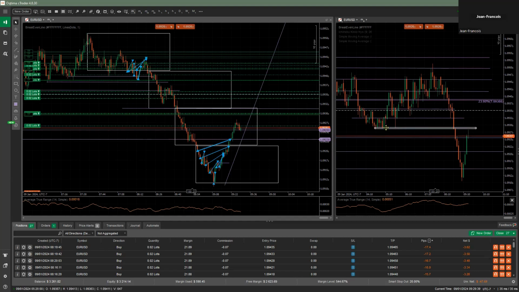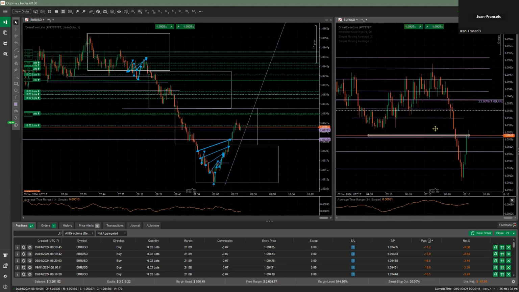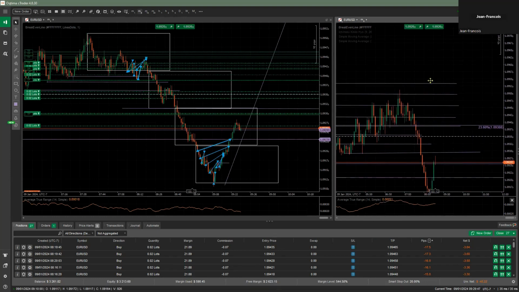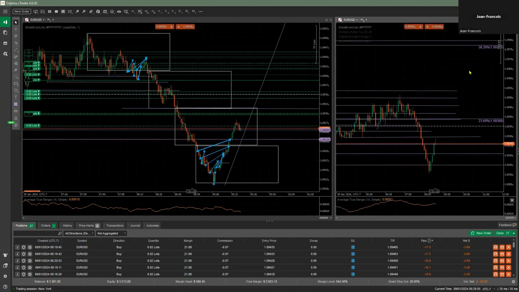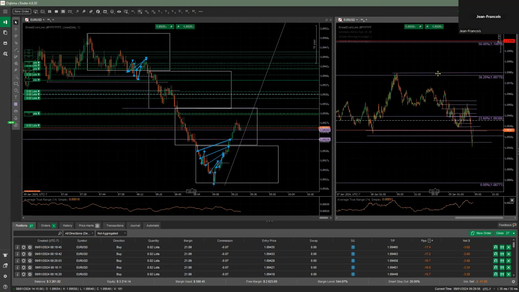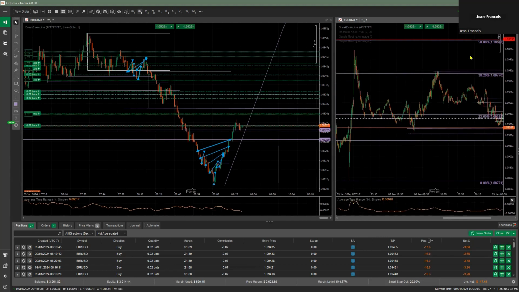So we're testing resistance right here. And our assumption is that resistance will fail and we'll slowly find our way and be sellers at a higher high. So you can almost see this like an outside range. It is what it is.